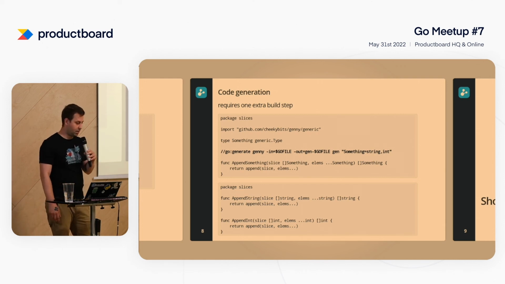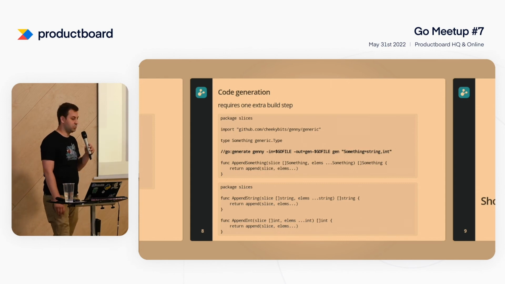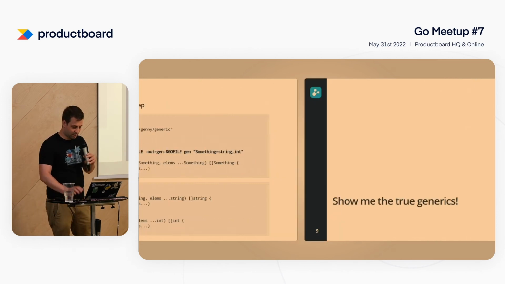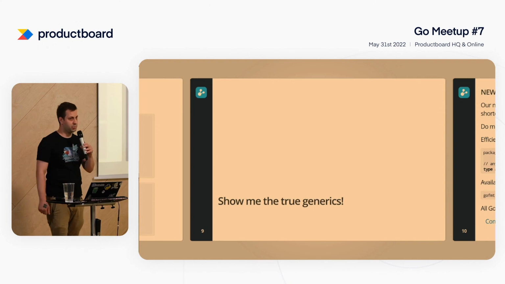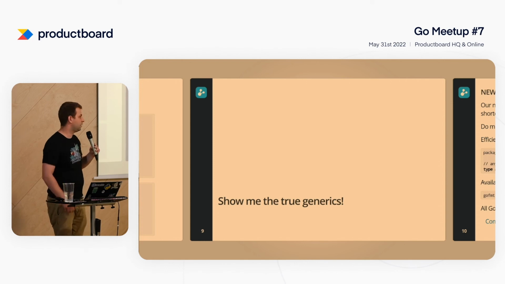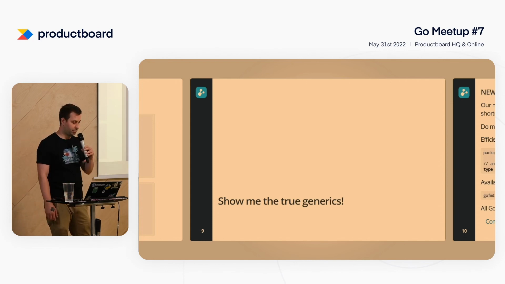But so far it's the most performant solution. And of course, show me the true generics. That's why we are here, and why I showed the old ways. It's because generics aren't a silver bullet, and like every practice, they have their place.